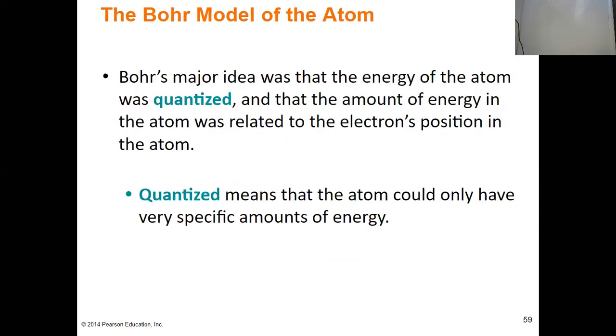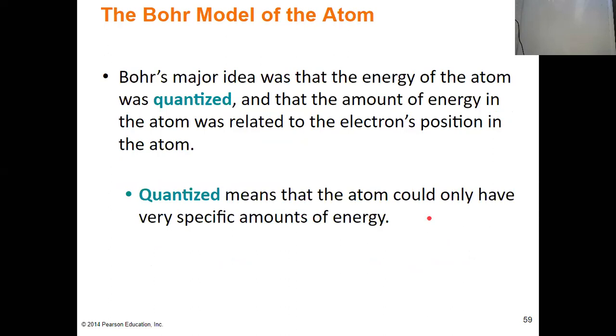And we had to figure out some kind of explanation that accounted for the reality of the situation. So Bohr came up with this model of the atom and said, well, I think that the amount of energy that's in an atom is going to be related to where the electron is positioned inside of the atom. All right.